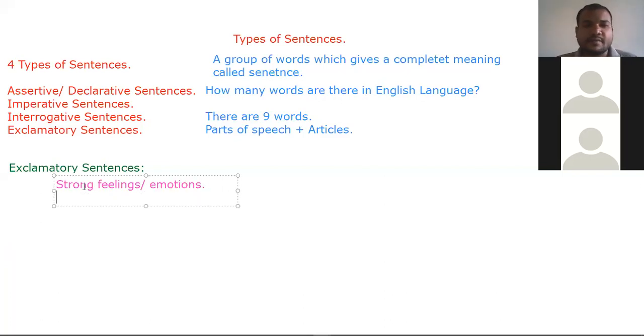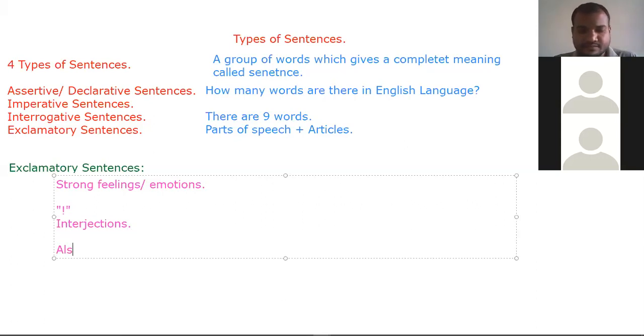In exclamatory sentences, generally we can identify one common sign, that is the exclamation mark. If you see a sentence with an exclamation mark, no doubt it is an exclamatory sentence. What kind of words will we use? Interjections.